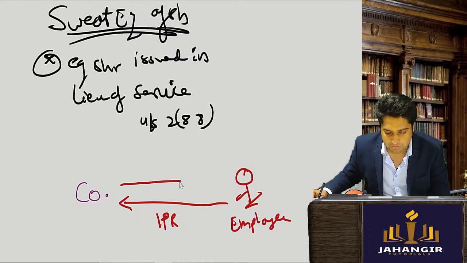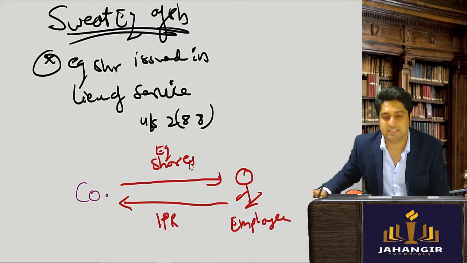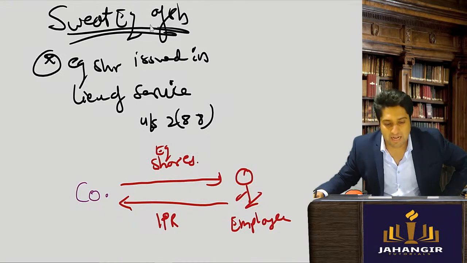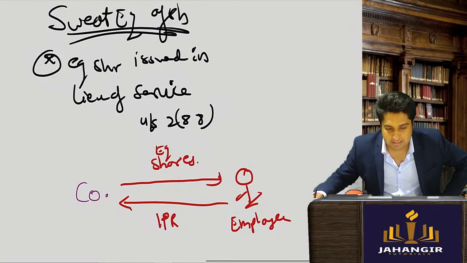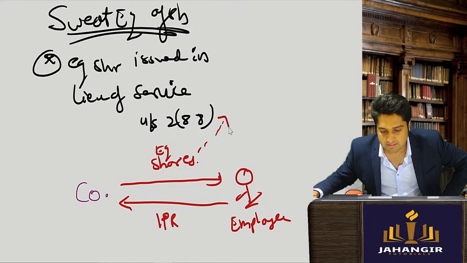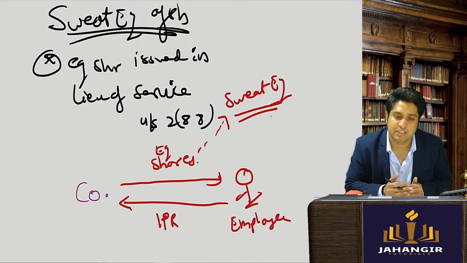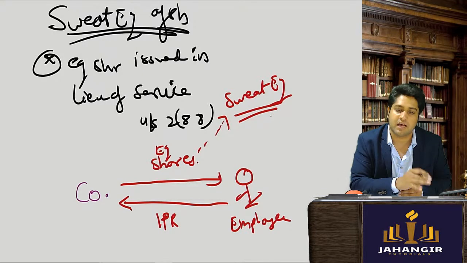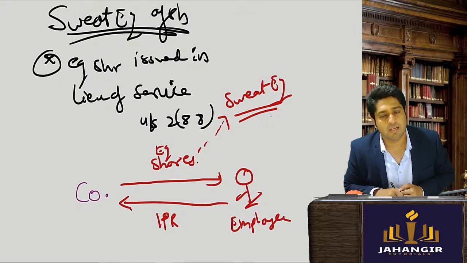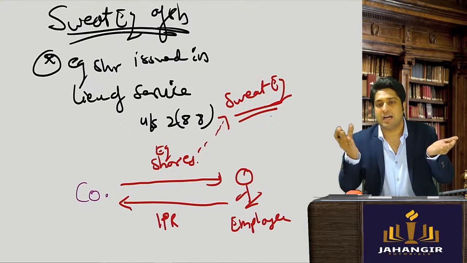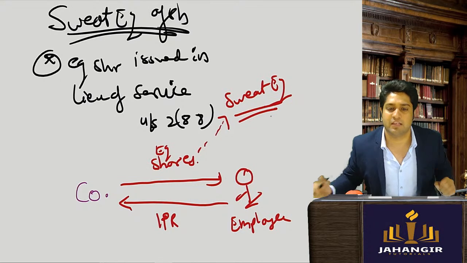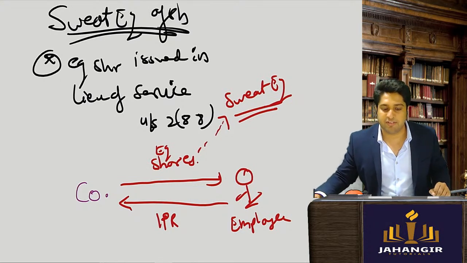I will give you equity shares. Makes sense? Yes or no? So can I say this share is called sweat equity shares? The name is sweat equity just to show that they have not got cash; the employee has given IPR. Rest, sweat equity shares are on par with equity shares, same rights, everything is same.